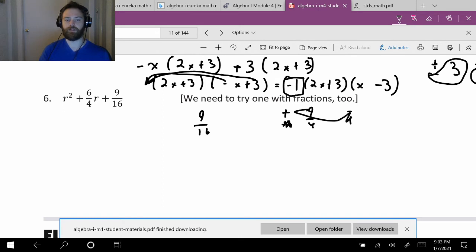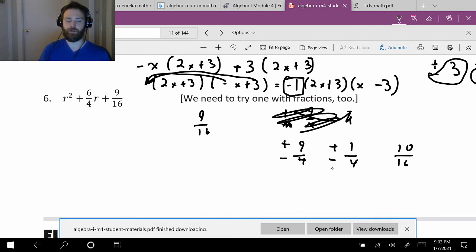Plus and minus on the bottom. So let me get rid of that. So plus 9 over 4 and then plus 1 over 4 are both negative. But I'm only going to use the positives because my b term is positive, so I can do that. So these will multiply to be 9 over 16, but they will add to be 10 over 16.